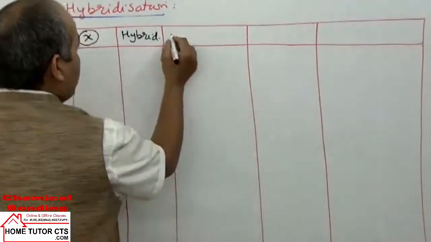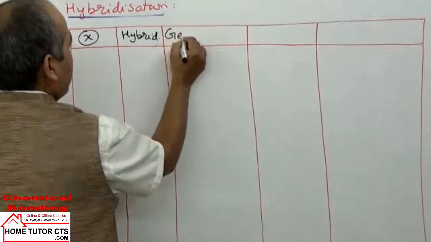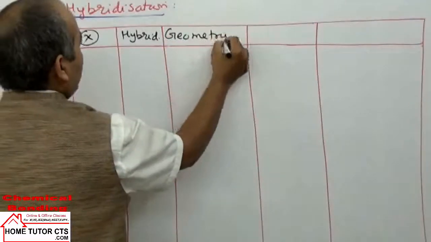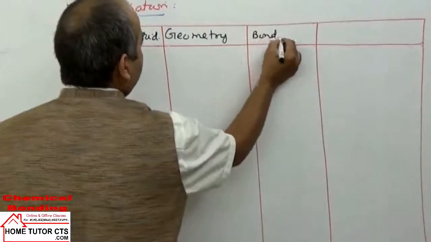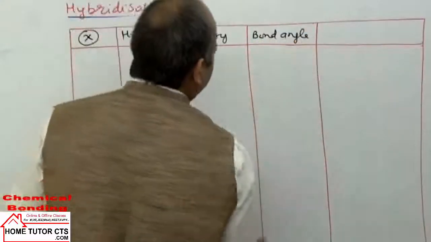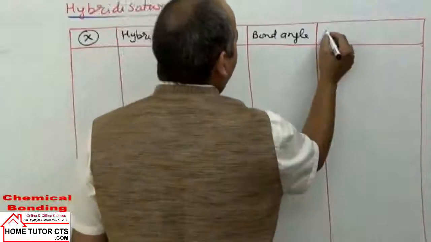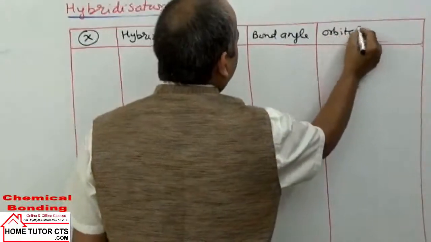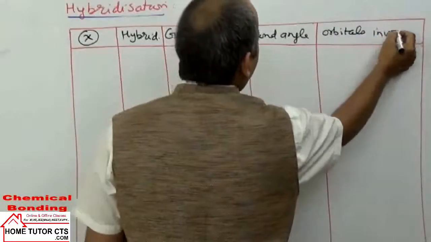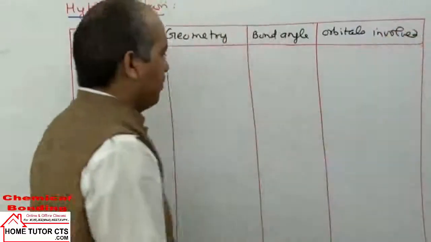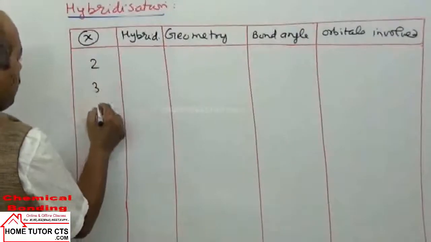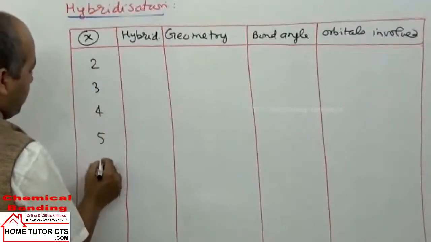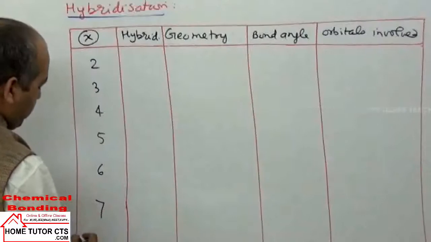For the given hybridization we can have the geometry or expected shape. Then we can have bond angles. If they ask next, we can write here the orbitals involved in hybridization. Like this, the number can be 2, 3, 4, 5, 6, 7.